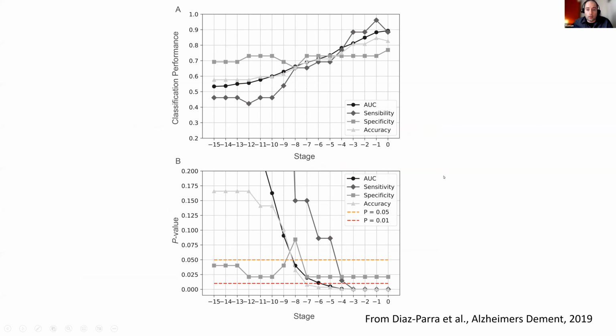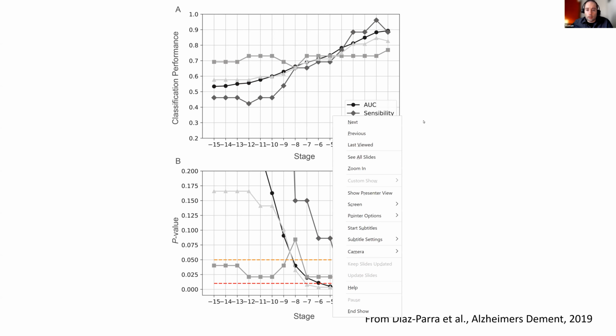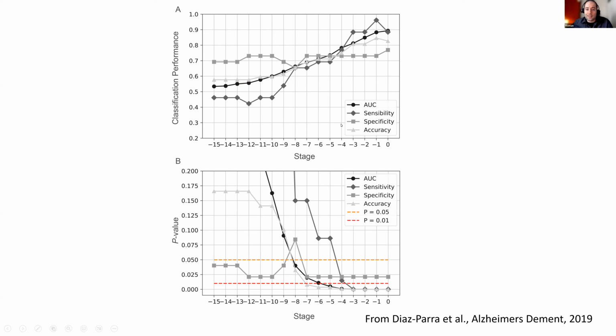So here you see such a figure from our publication, where on the x-axis we have the different stages of progression, and on the y-axis we have the performance indicators of the machine learning classifier. And you can appreciate that at around -5 or -4 stages before the end point of progression, we can already differentiate with quite high reliability and performance the two different types of brain networks.